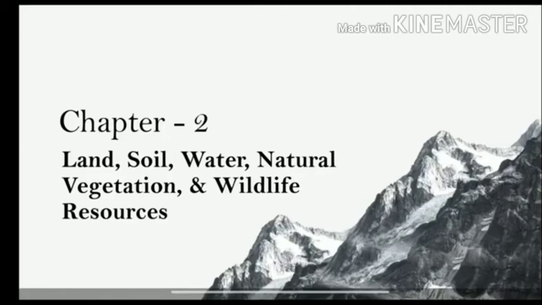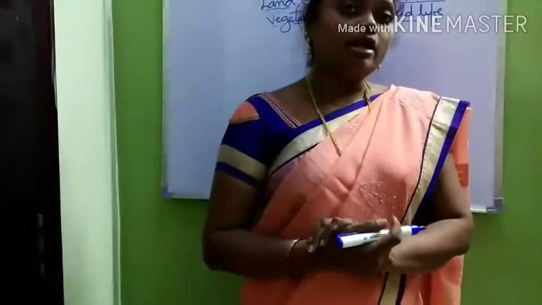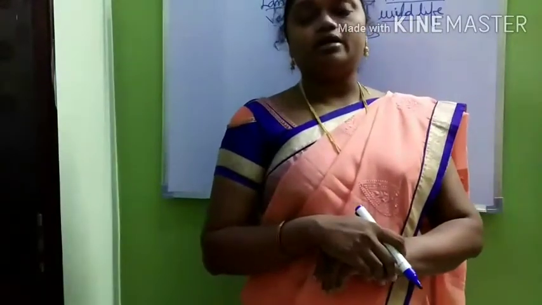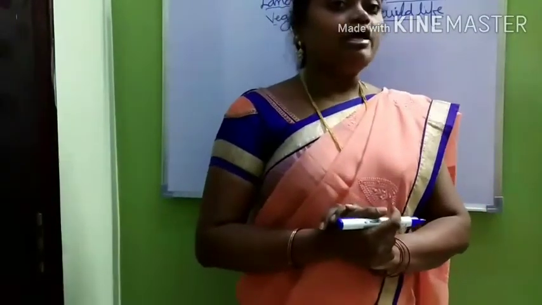In these natural resources, we have to understand that everything is useful to all human beings and animals also. I hope you have understood this topic, and you have to do one activity.